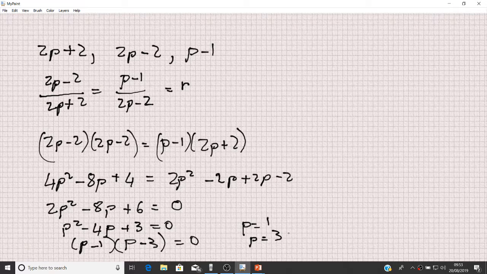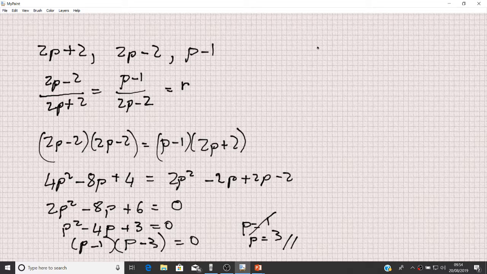Now, if I look at letting p equals 1, I've got 4, 2. I think I will eliminate p equals 1 because the third term would be 0, which is not going to work for us. So we reject p equals 1 and assume p must equal 3. And let me just double check that one.